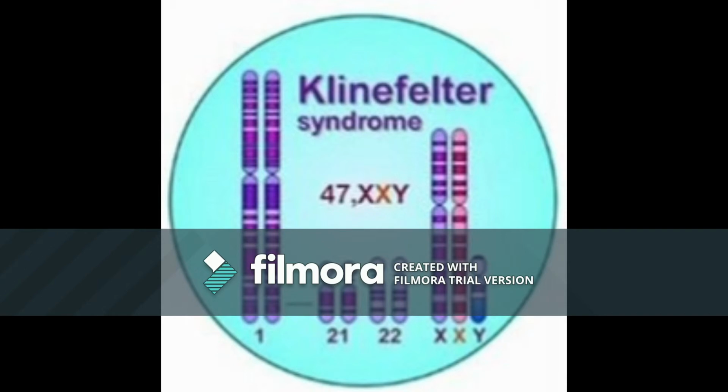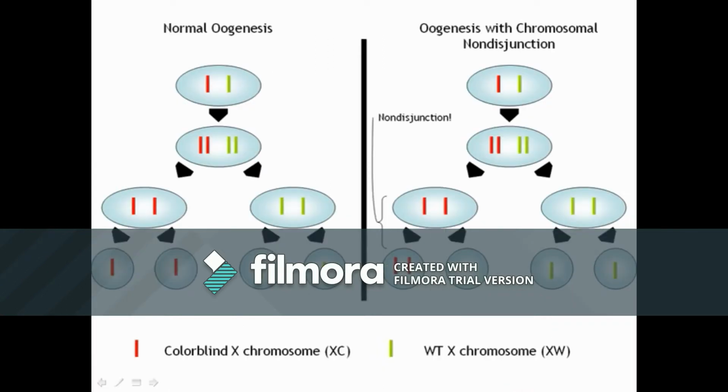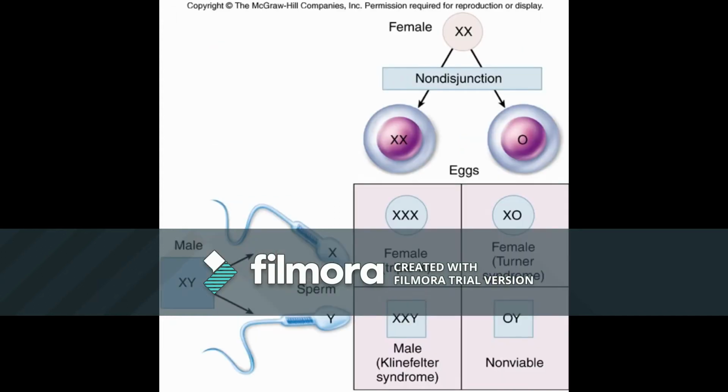One example of a chromosomal disorder is Klinefelter syndrome, or XXY. Klinefelter syndrome is a genetic condition caused when someone has two X chromosomes and one Y chromosome. Males normally have an X chromosome and a Y chromosome, and females normally have two X chromosomes.